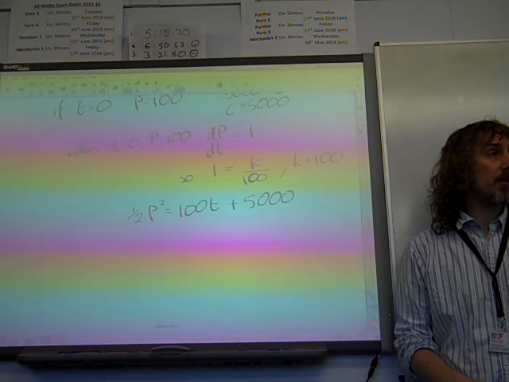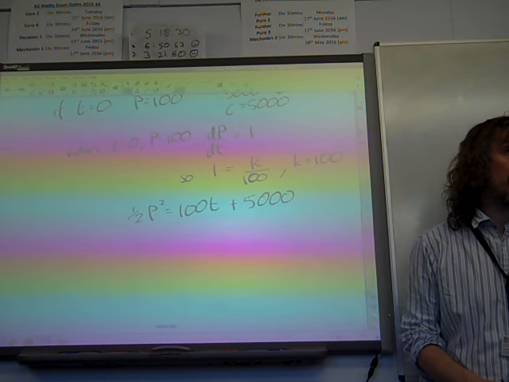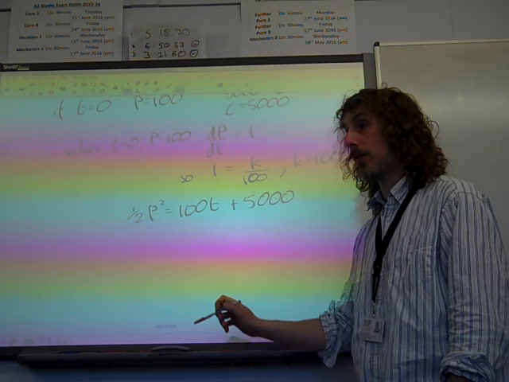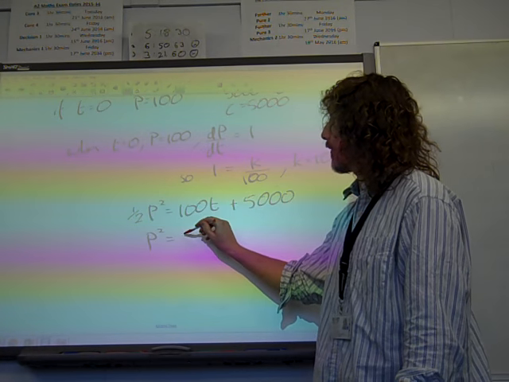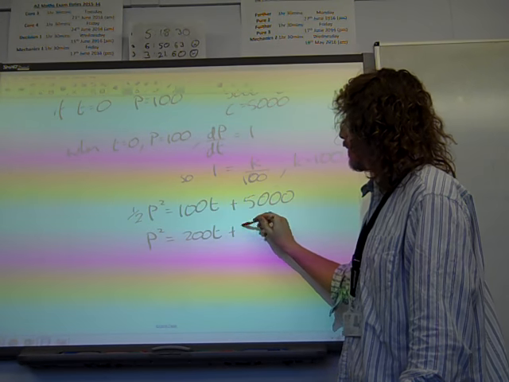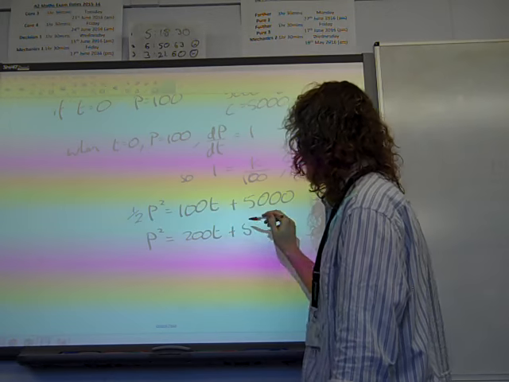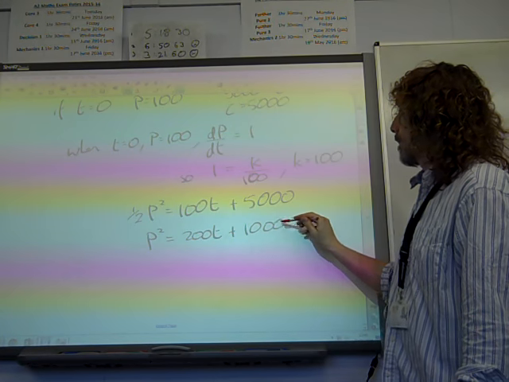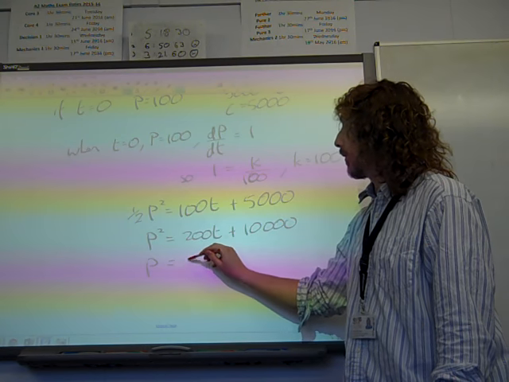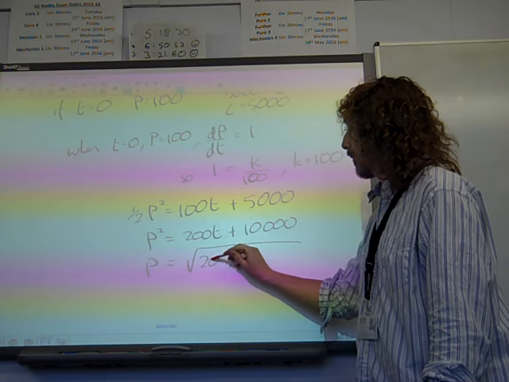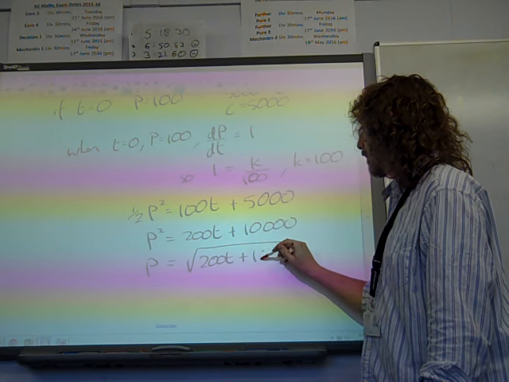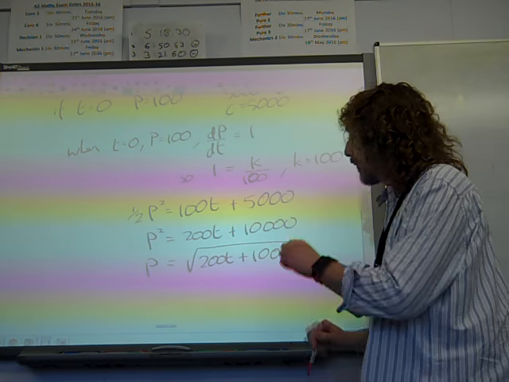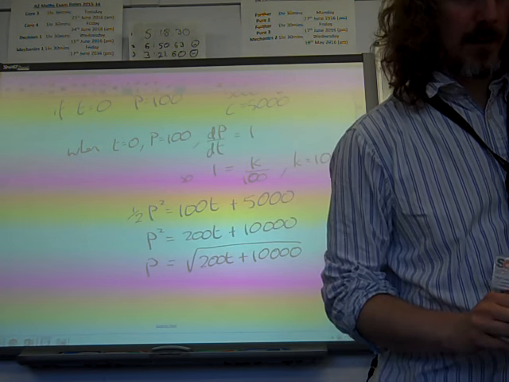But that's not enough, because the question said find p in terms of t, so I'm going to have to multiply everything by 2 to get p squared on its own. Times 2. And then square root to give me that as my answer.